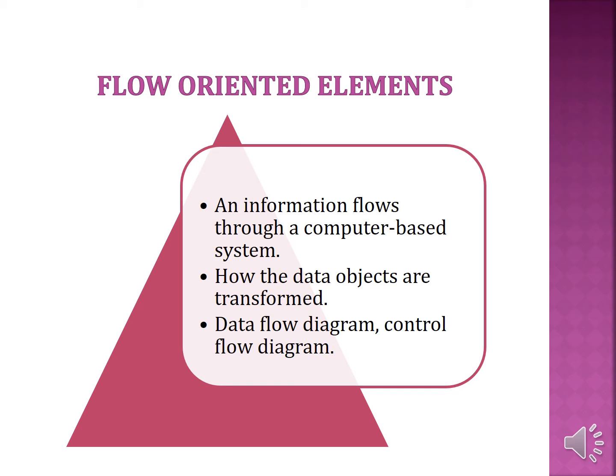Input may be a control signal transmitted by a transducer, a series of numbers typed by a human operator, a packet of information transmitted on a network link, or a voluminous data file retrieved from secondary storage. So all these are the different elements.